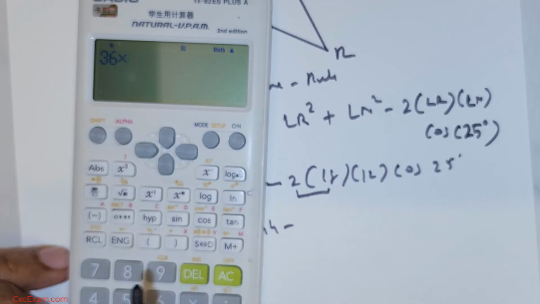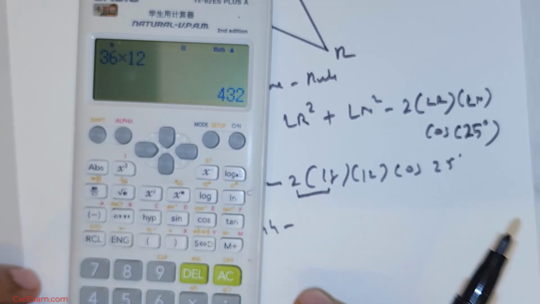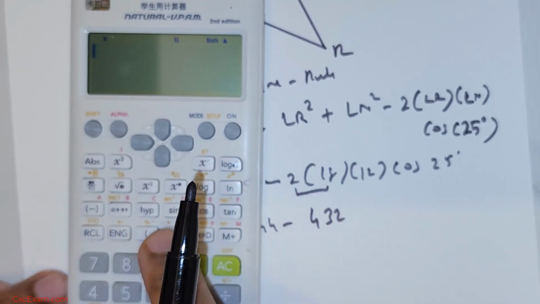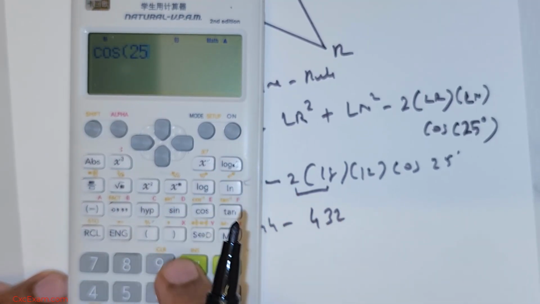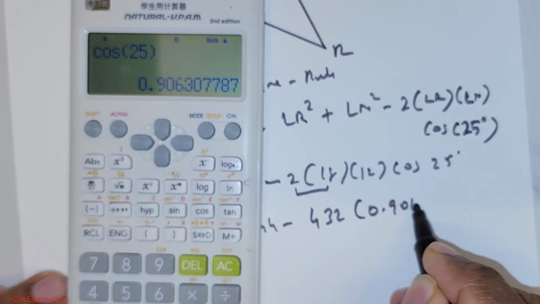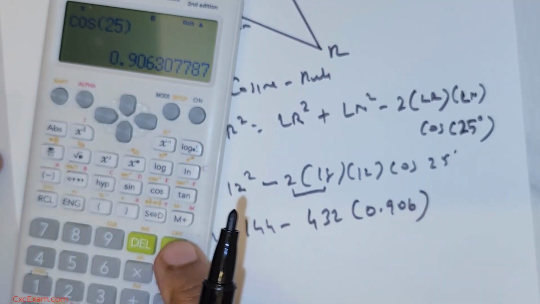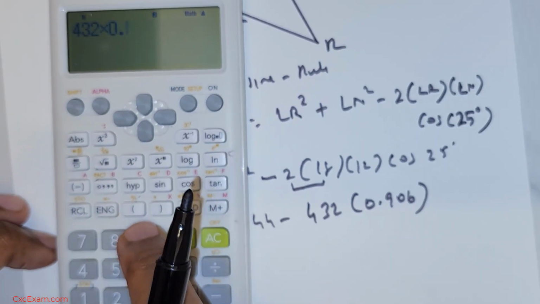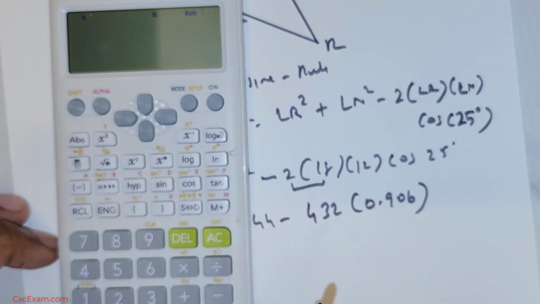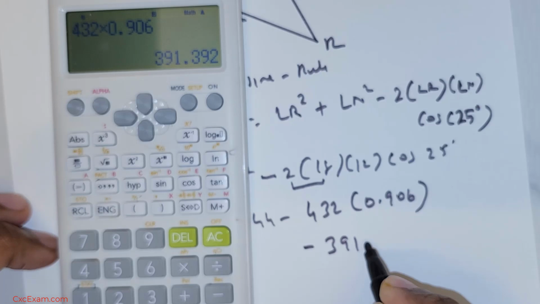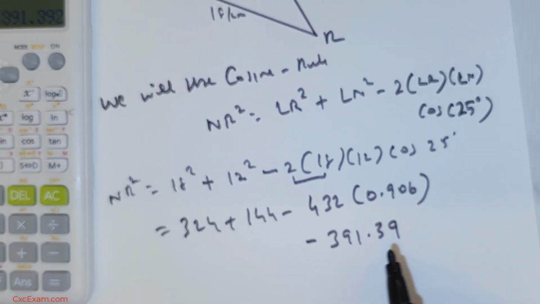You multiply with 12, you get 432, and cos 25 is 0.906. So 432 multiplied with 0.906 is giving you a value of 391.39.